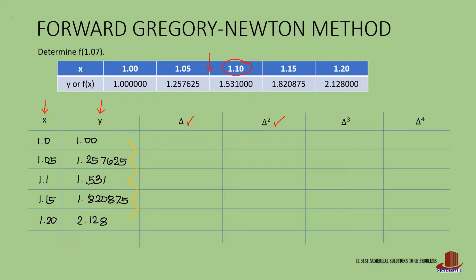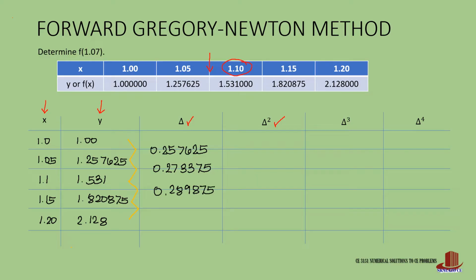So 1.257625 less 1 would give us 0.257625. 1.531 less 1.257625 would be 0.273375. 1.820875 minus 1.531 would be 0.289875.